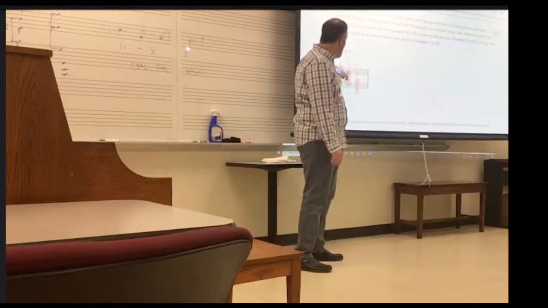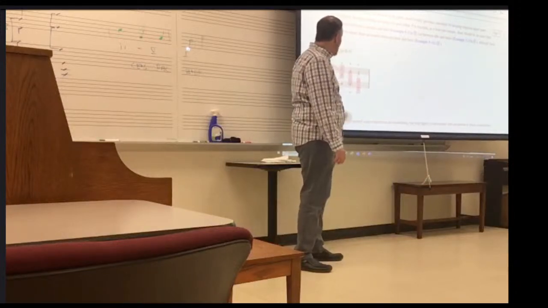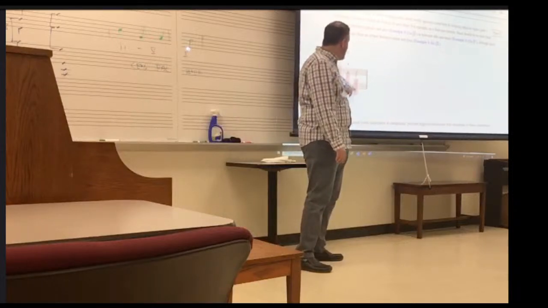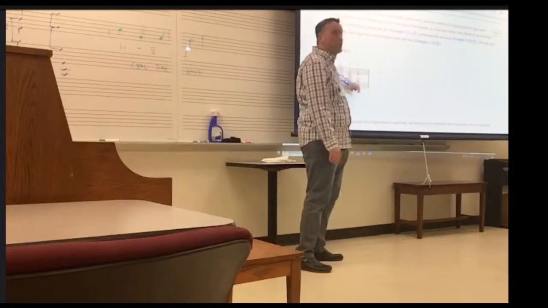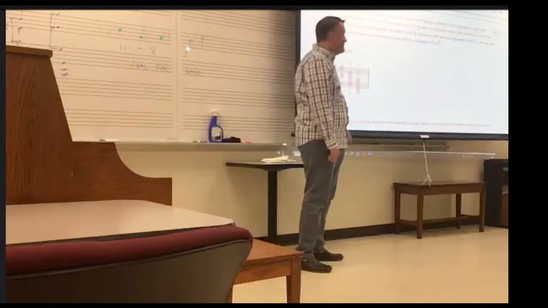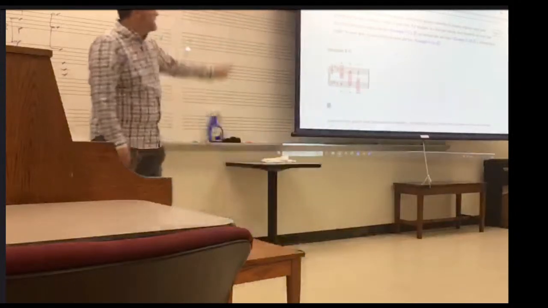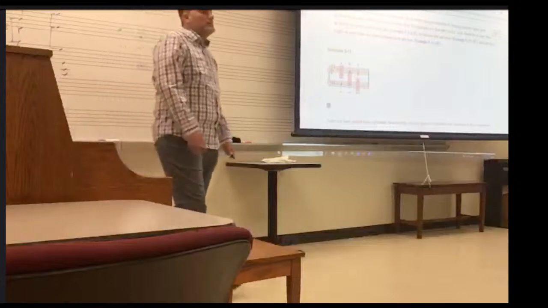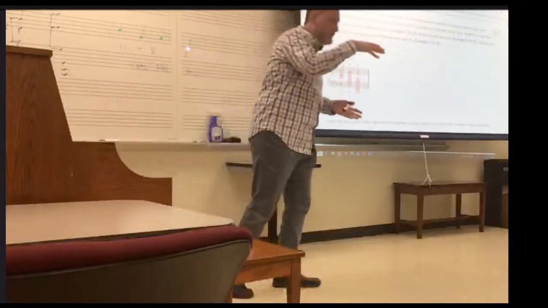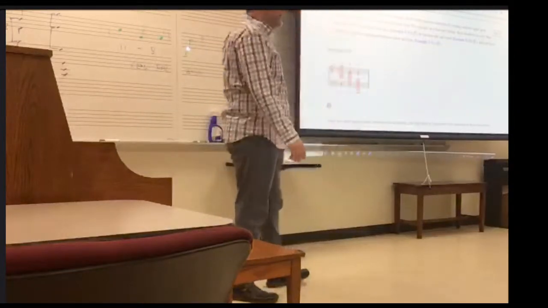Not good. Here, between the bass and the tenor, more than an octave, that's fine. Alright, so that's the rule about spacing. Keep the top three voices closer together. Bass can kind of do its own thing. And an octave is as far apart as they can be from each other.